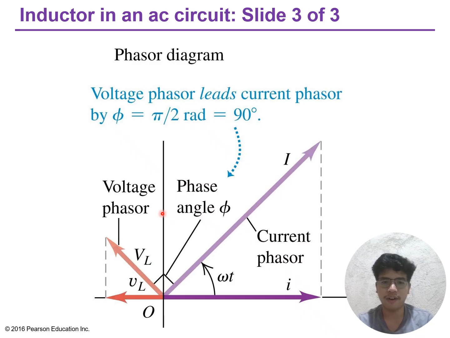Tracing the curves from left to right, you can observe that when the voltage is at its maximum, the current is just beginning to increase from zero. When voltage reaches zero on its way downward, the current reaches its maximum.